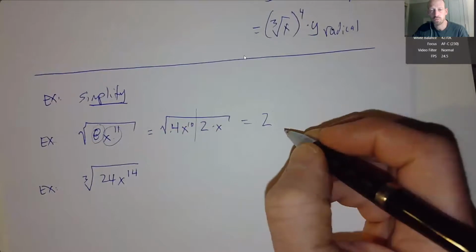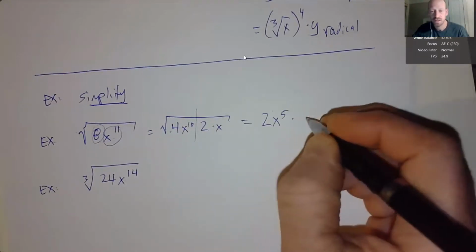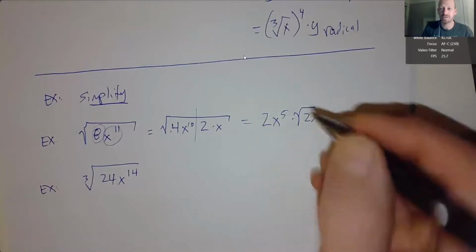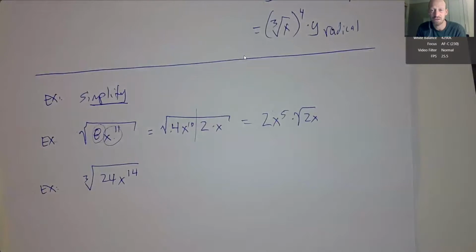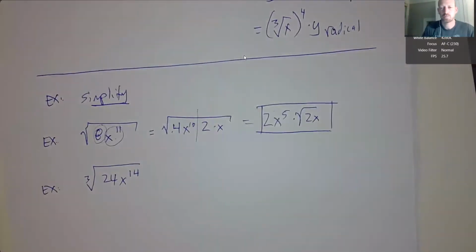Square root of 4 is 2. The square root of x to the 10th is x to the 5th. And then this square root, I'm not able to take, so I have to leave it on the 2 and the x. And this is the reduced or simplified expression that we're looking for.